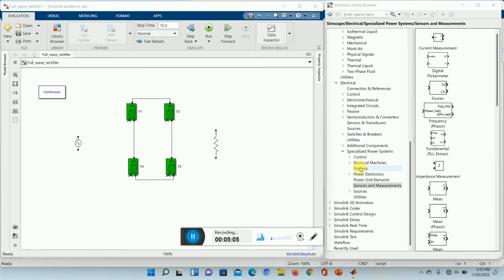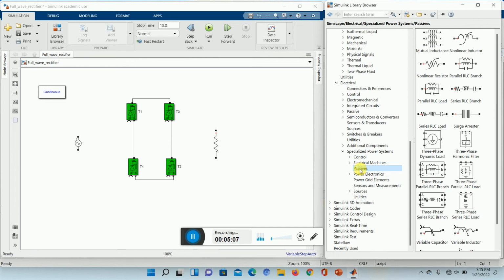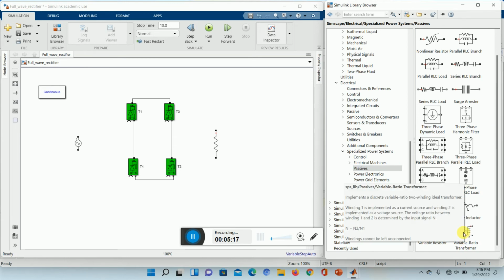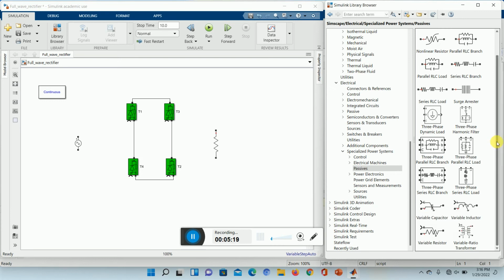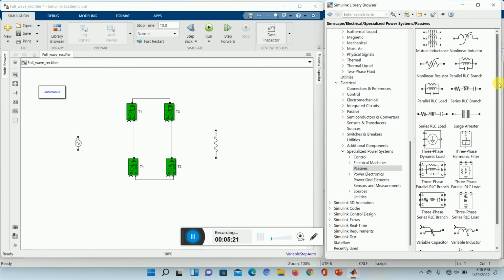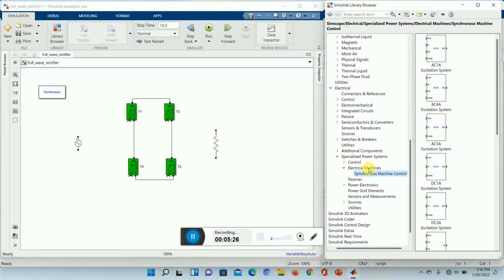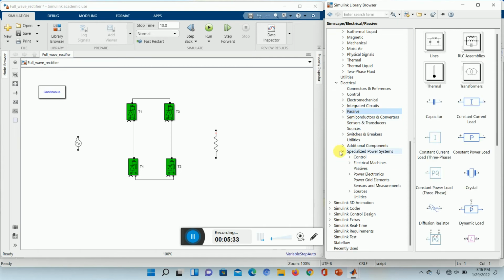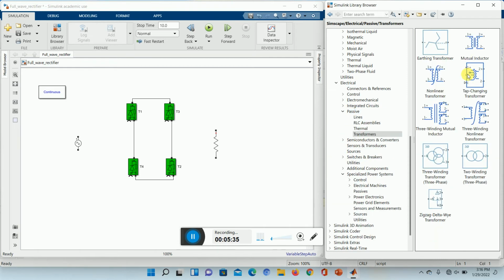So we got a transformer here in the passive, mutual inductor.